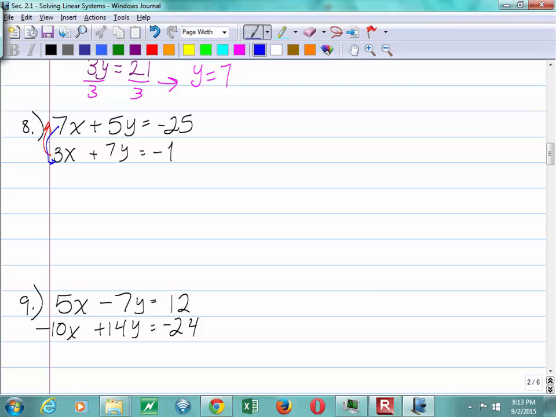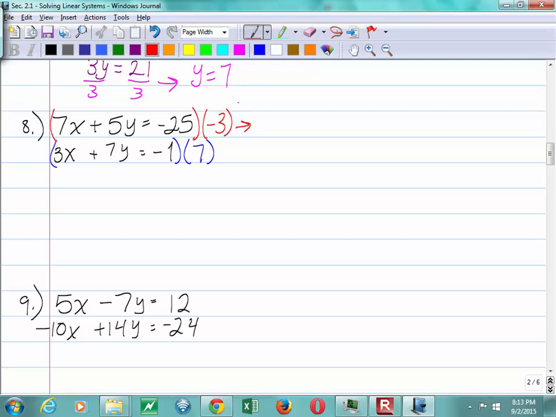Only let's make one of them negative. It doesn't matter which one. But basically what I want to end up with is a positive 21x on one of them and a negative 21x on the other one, so that way they would cancel out. So I'm going to multiply the first equation by -3 and I'm going to multiply the second equation by positive 7.